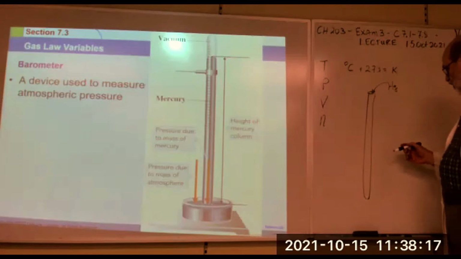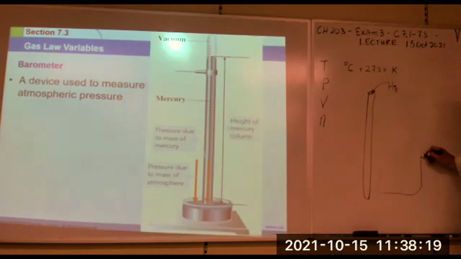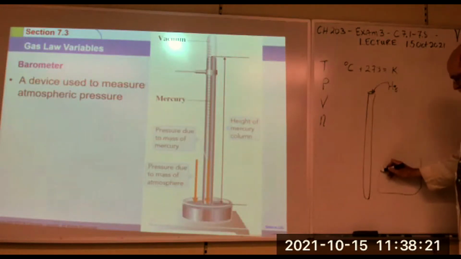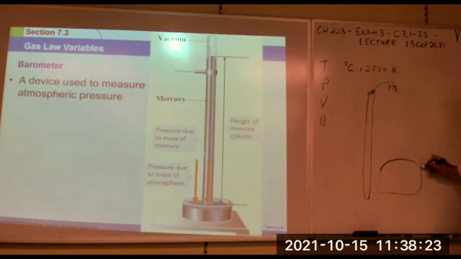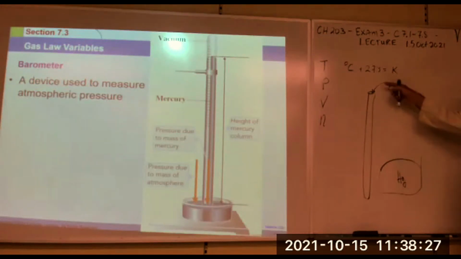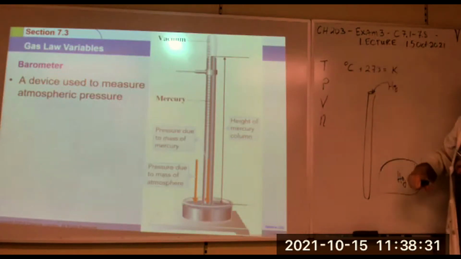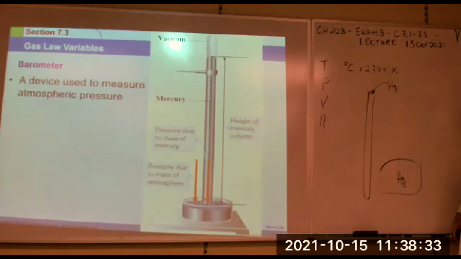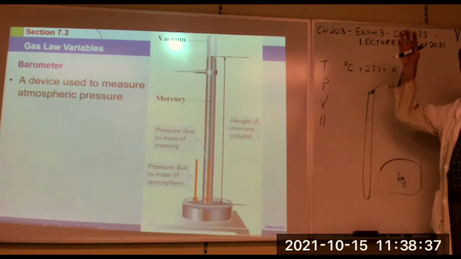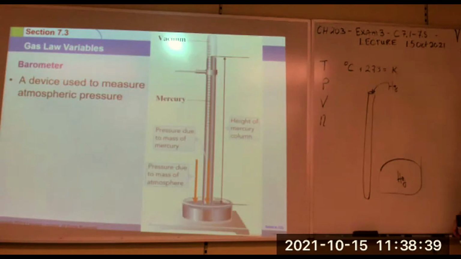So he had this pool of mercury. It's going to be like that, concave meniscus. And he filled this up to the top and put his thumb over it. And then he inverted the glass tube, and it would only have to be 760 millimeters or higher for 1 atmosphere.